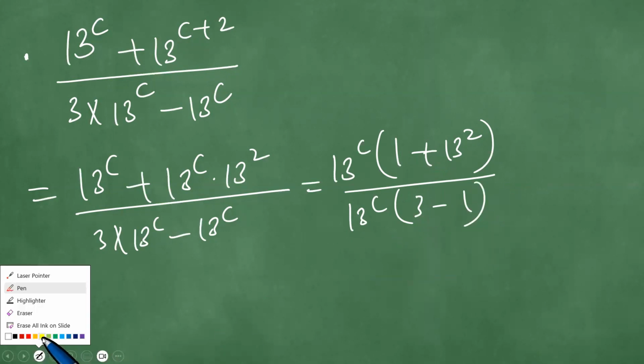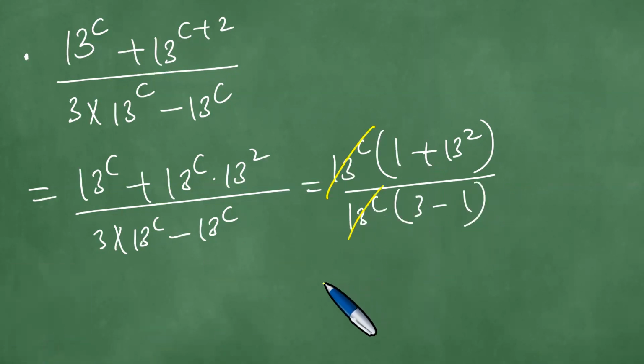Okay, so what is 13 squared plus 1? Because 3 minus 1 is what, Leander? 2.